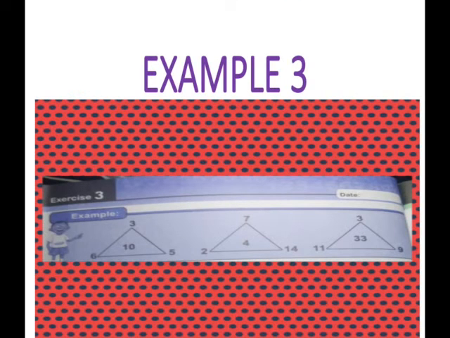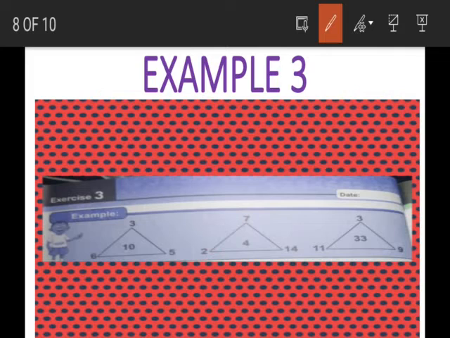Okay. Here's another sample. Let's work with this very first one. You can see 3 at the top of the triangle, 10 in the middle inside the triangle, 5 and 6 at the sides.